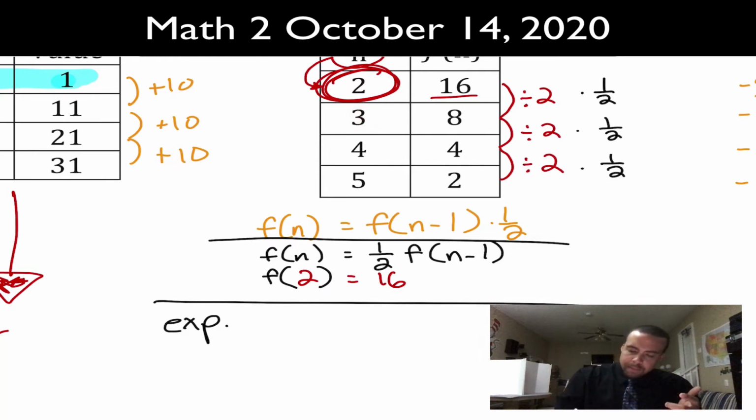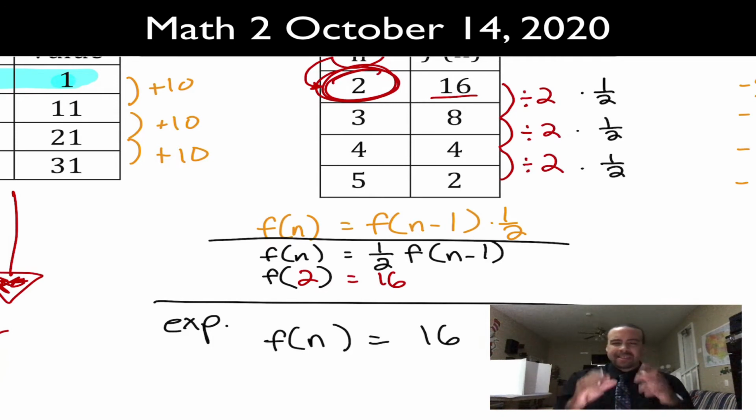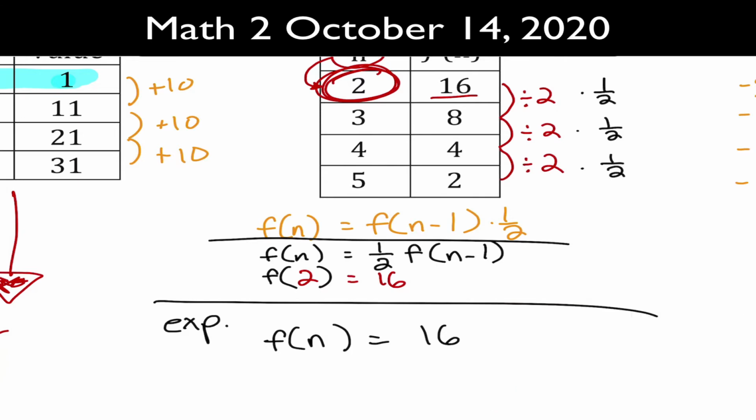So let me do this to get you started. Let's say f of n, and then let's start with 16 as our foundation, and we're multiplying it by 1/2. So let's say 16 times 1/2, and then whatever that number is raised to the x, raised to something power.